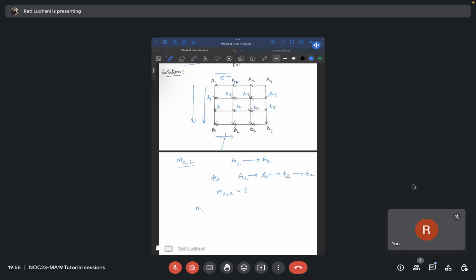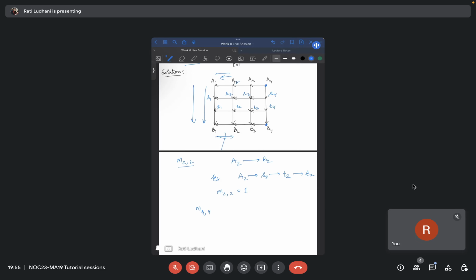Now let's see 4 comma 4. So you are at A4, and A4 to B4 is also the same thing. I should reverse something, because this looks like A2 to B1, for example, will have more options.